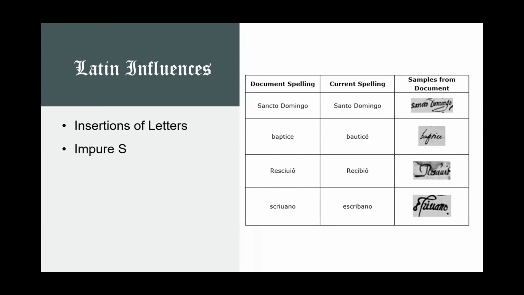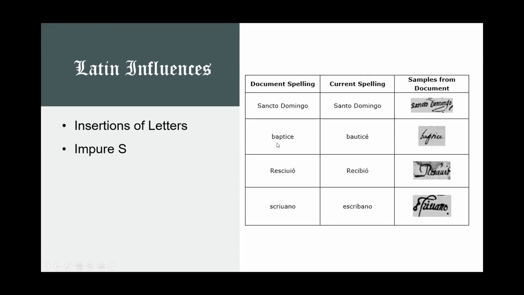So when a scribe writes in Spanish, sometimes they'll just put those consonants back in by habit. For example, we have Sancto Domingo, or Saint Domingo, instead of Santo Domingo. So you see there's the inclusion of the extra C right before the TO. And that comes from the Latin sanctus, which, as a side note, is where we get the name Sanchez from.